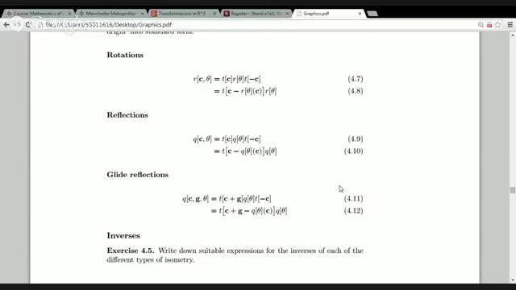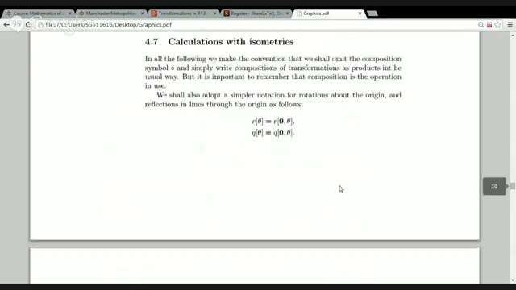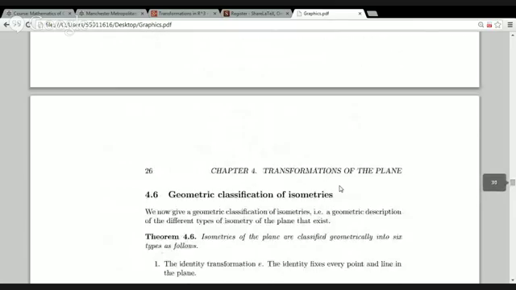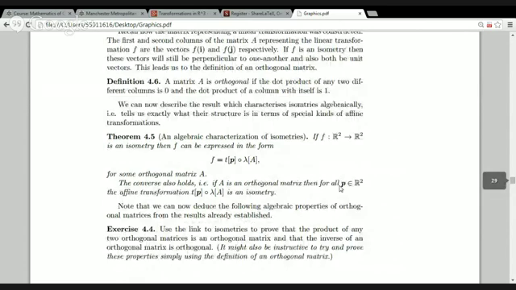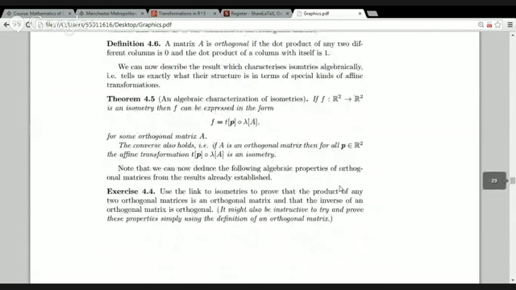A general 2D isometry. Well, no, because the description we settled on was that any isometry can be written in this form: some translation after a lambda A. It turned out, after we looked at the classification, that this lambda A was either a rotation or a reflection.